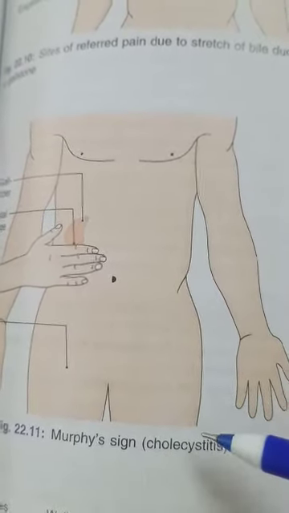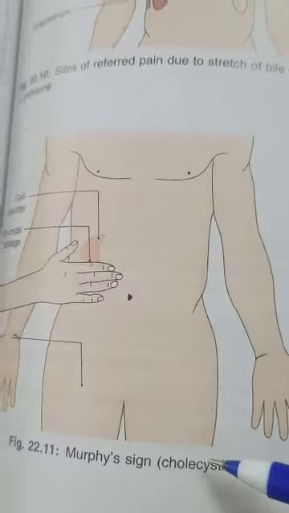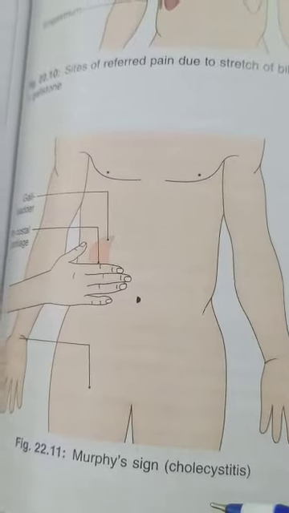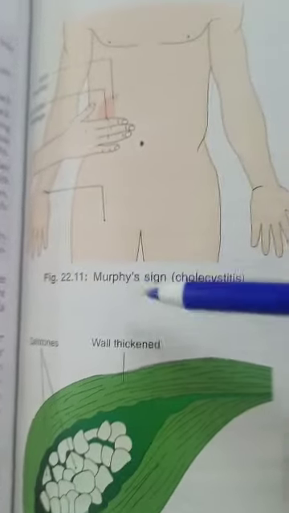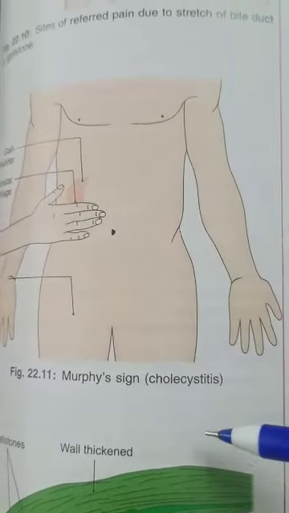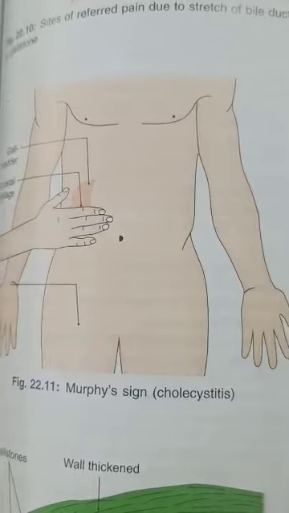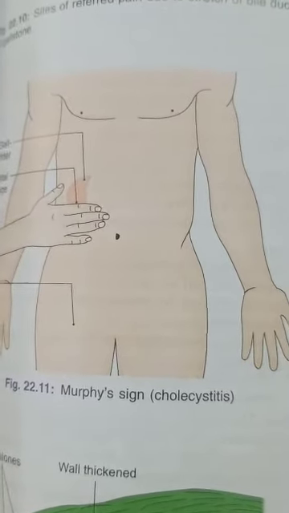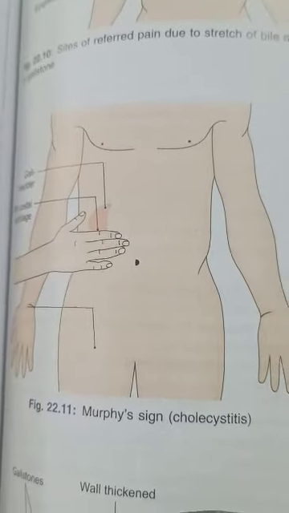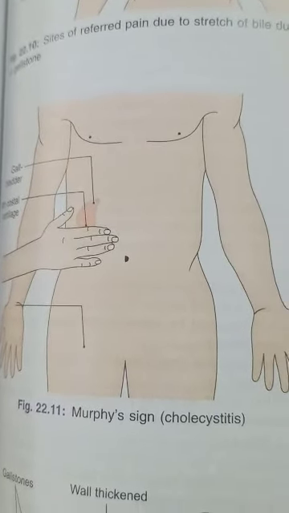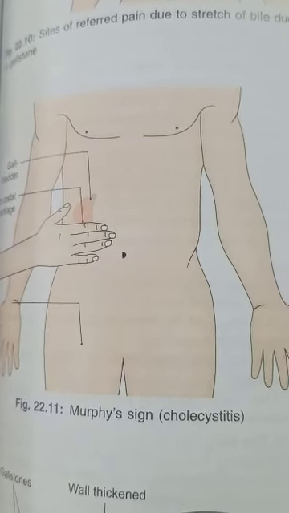Cholecystitis means inflammation of the gallbladder, and cholelithiasis means gallstones. So that's all about the applied anatomy of the extrahepatic biliary apparatus.